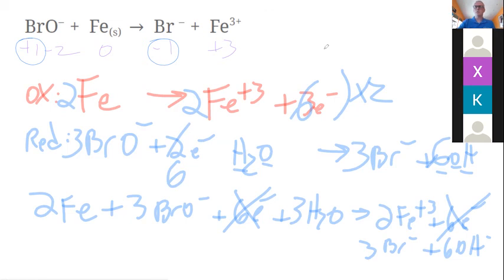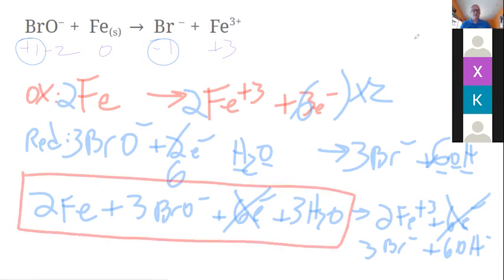So what is my overall charge of my reactants? Everything on this side. -3. Yep, -3. Now what's the overall charge of everything on this side? -3, product side.